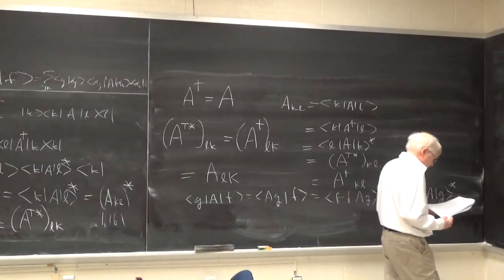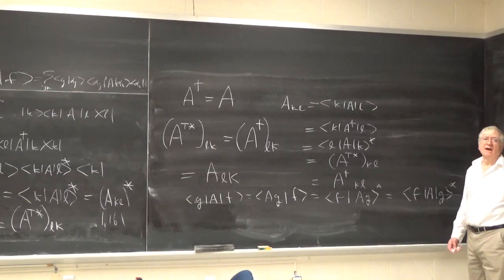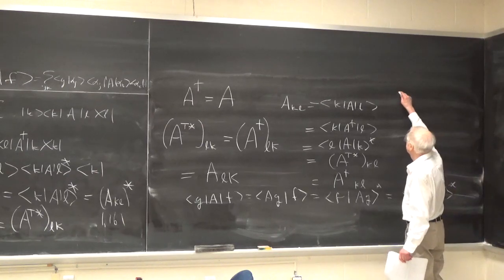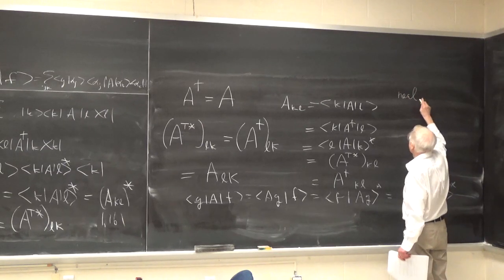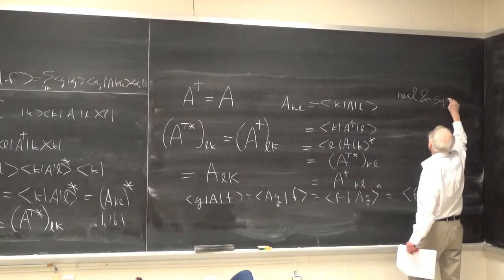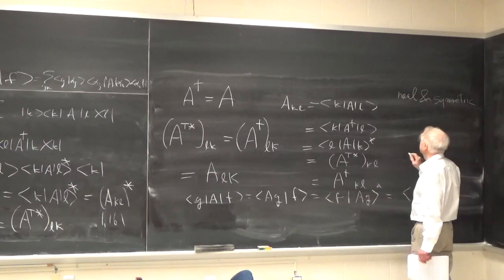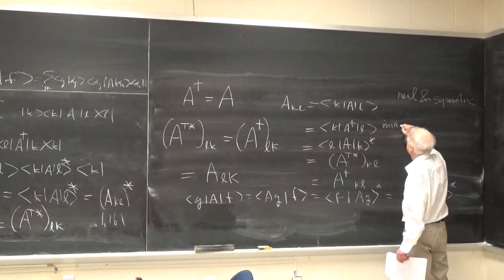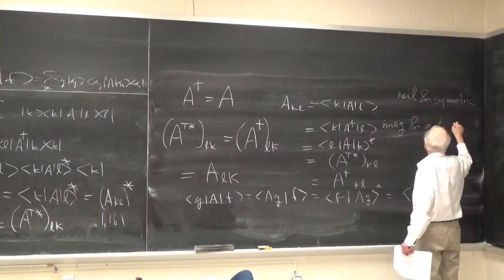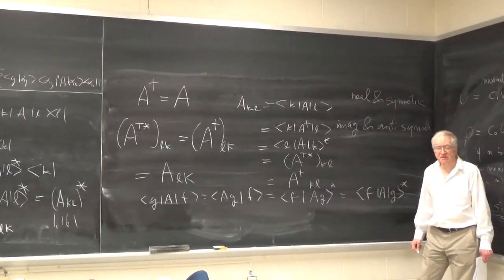And there are certain kinds of operators that are automatically hermitian. So, if a matrix is real and symmetric, then it's hermitian. If it's imaginary and anti-symmetric, then it's automatically hermitian.